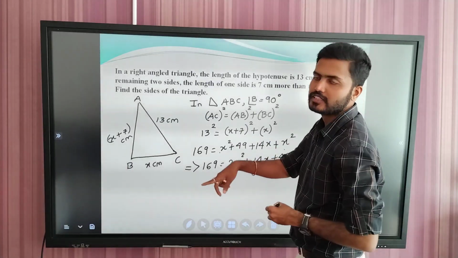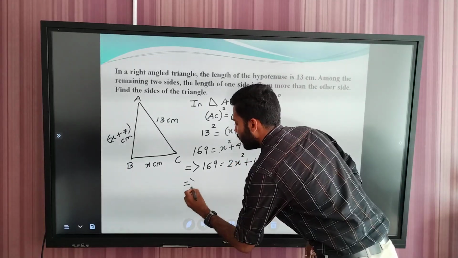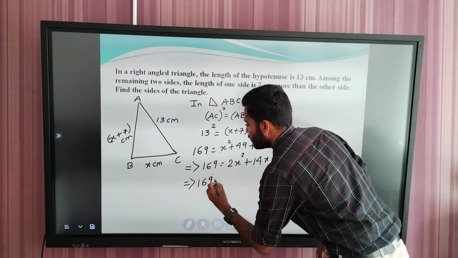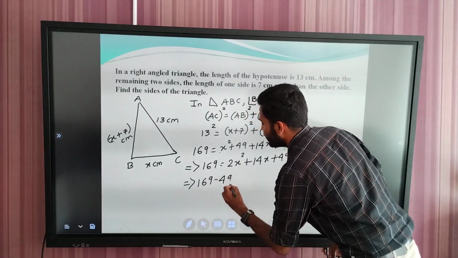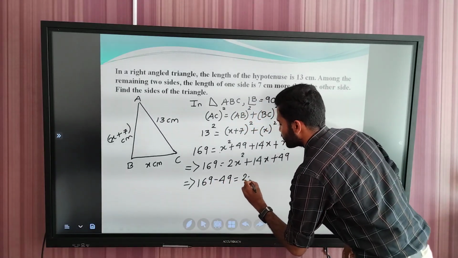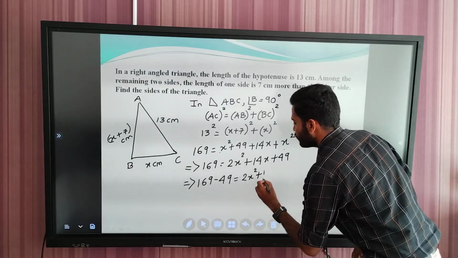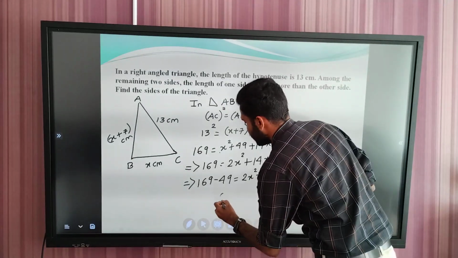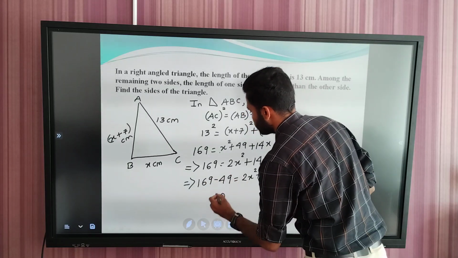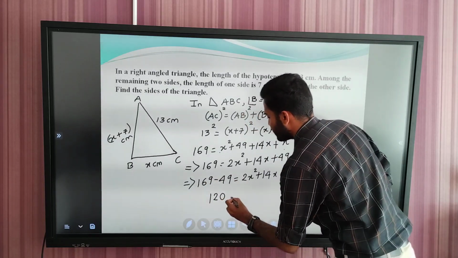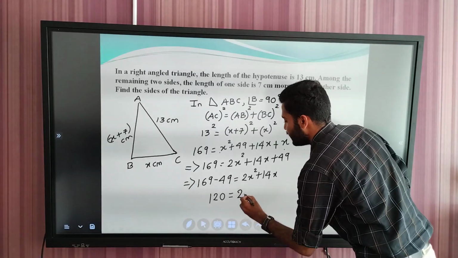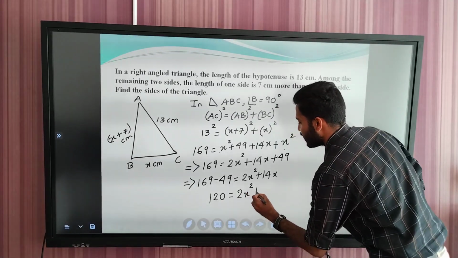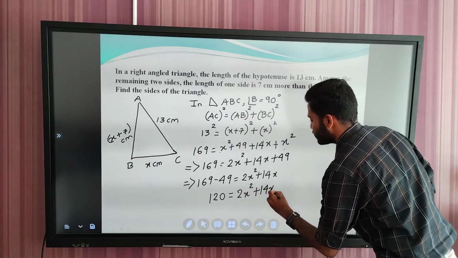So taking 49 on the other side, 169 minus 49 is equal to 2x square plus 14x. So what is the value? 9 minus 9 is 0, 6 minus 4 is 2, 1. This is 120. So 120 is equal to 2x square plus 14x.